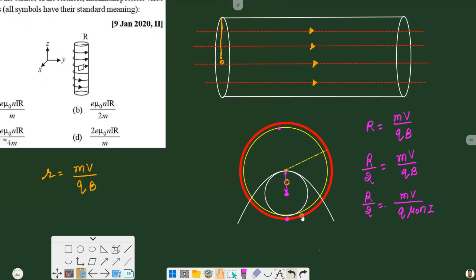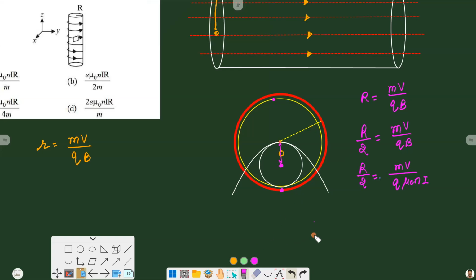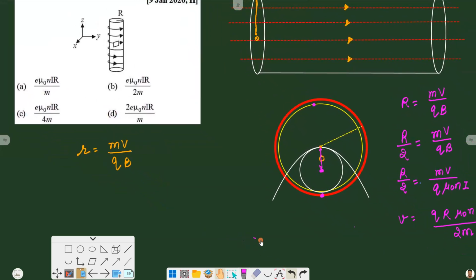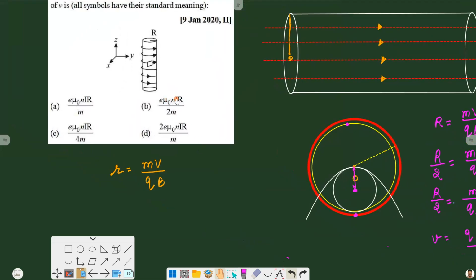Using these values, we get v is equal to q r mu naught n I divided by 2m. And let's check the answer. So in the denominator we have 2m, and in the numerator q mu naught n I r. So option B will be the right answer.